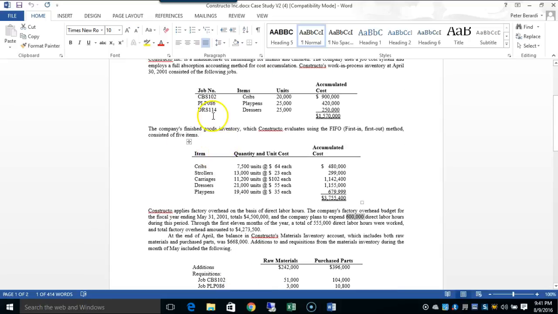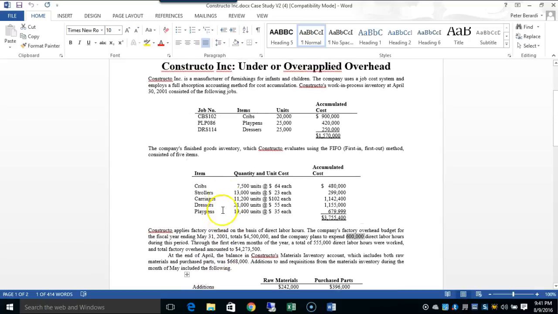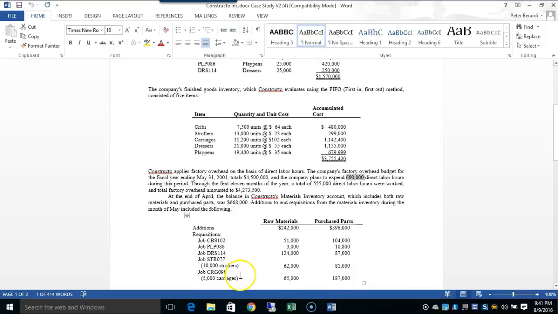Beginning, plus we added materials for each job, CBS and purchasing parts, PLP, DRS, STR 077 was added, and CRG 098 was added. That's current production, new production, added to WIP.